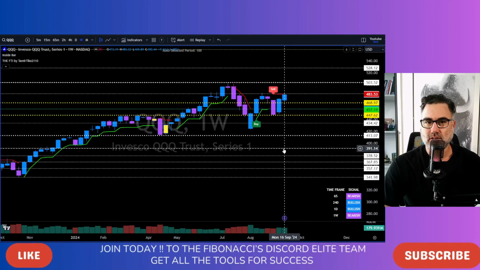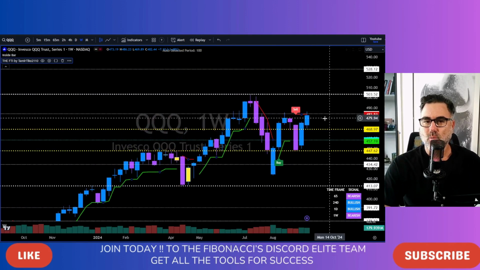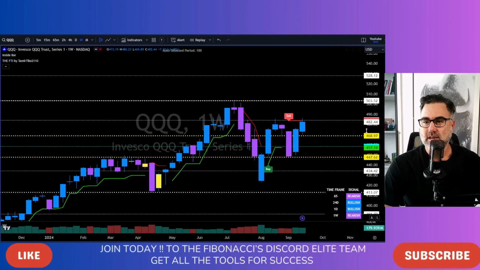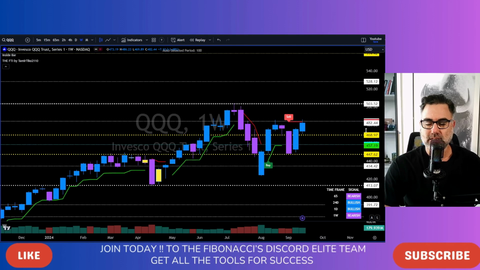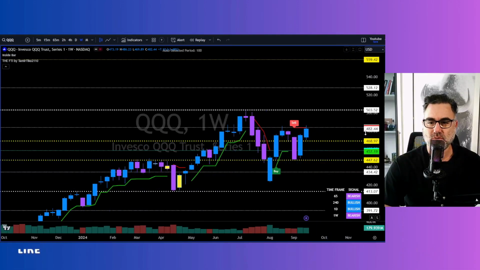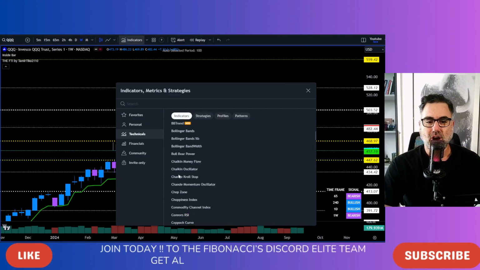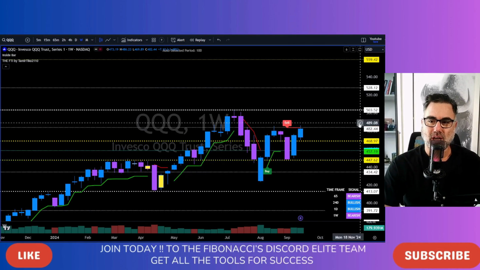QQQ ended up the week also on the green side, 1.5%, finally broke above and stayed above the yellow zone. Now the 483 area, once again resistance. Price follows Fibonacci and trend lines. All the rest of the indicators over here are lagging behind price.